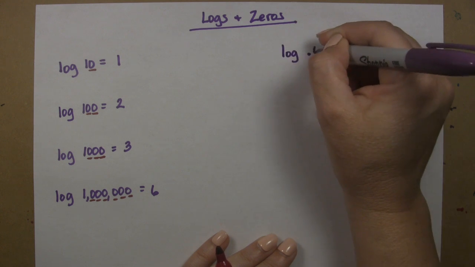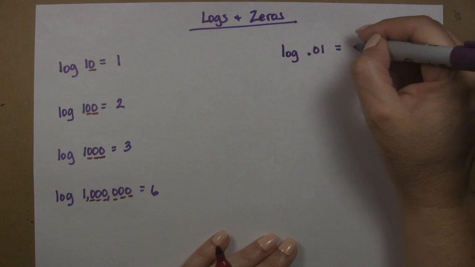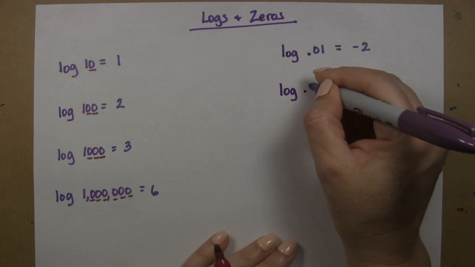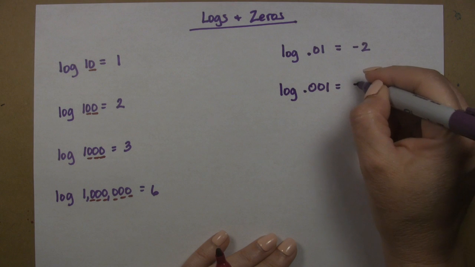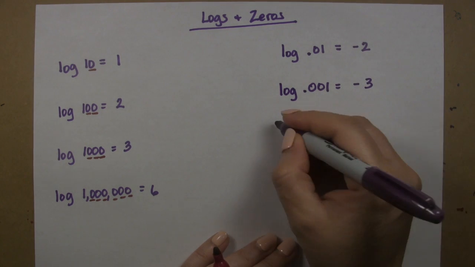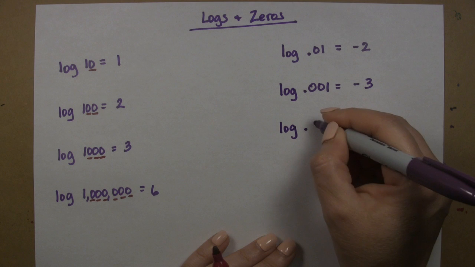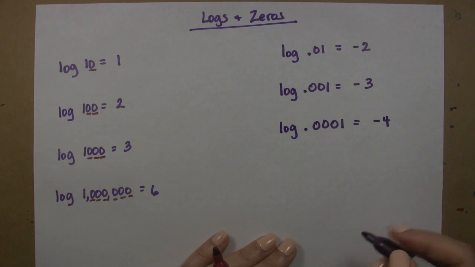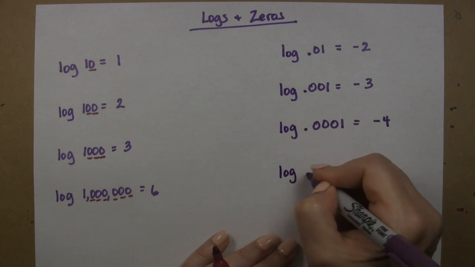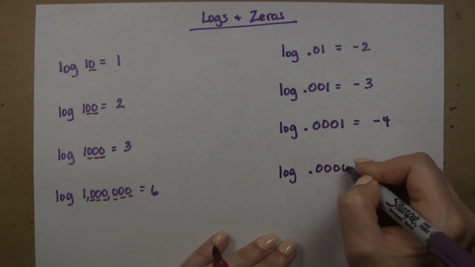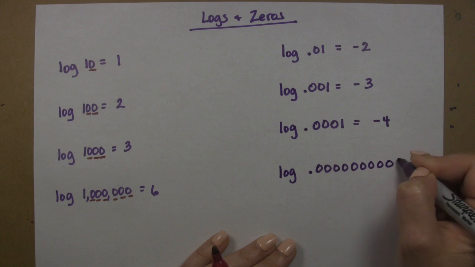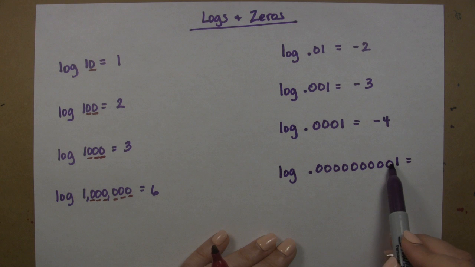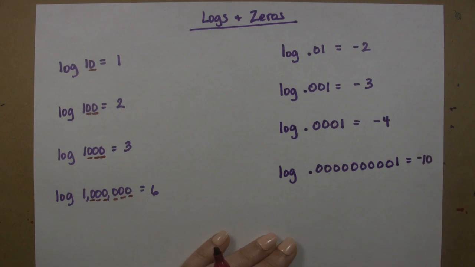The log of 0.01 equals -2. The log of 0.001 equals -3. The log of 0.0001 equals -4. The log of 0.0000000001 equals -10.